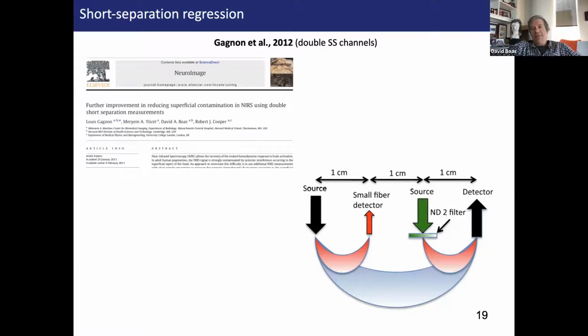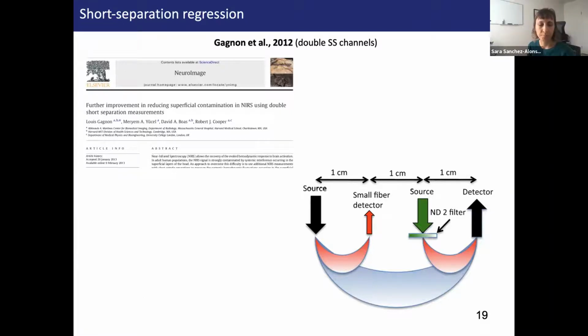What a PCA does, I don't know of any other spatial filters, is it finds the vectors that explain most of the variance in the data.